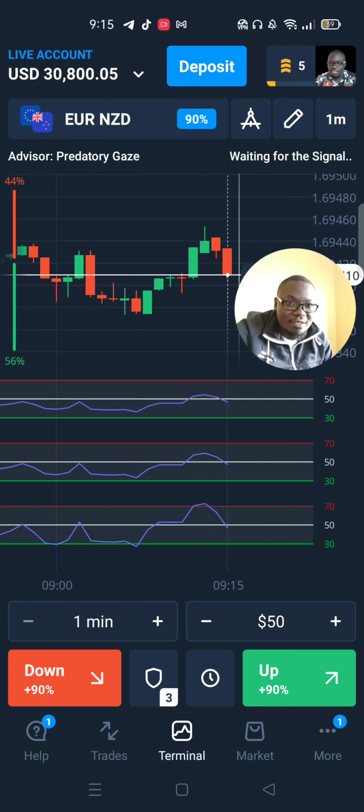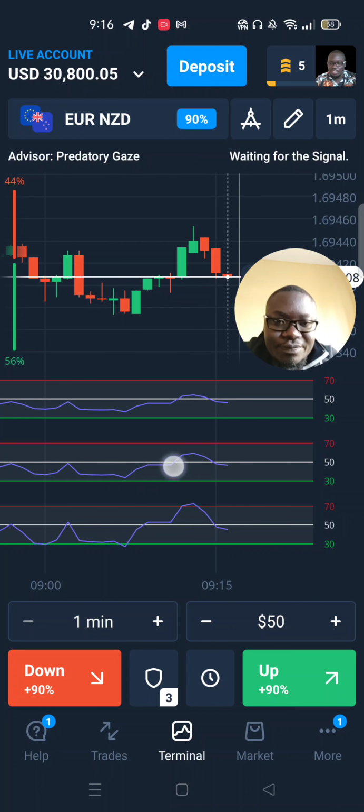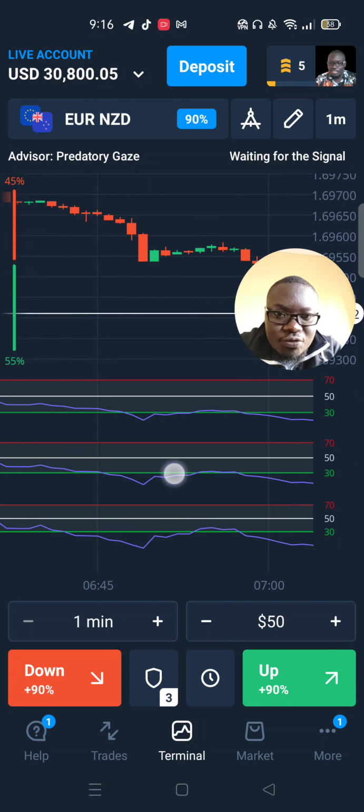For someone who wants to trade with this strategy and not follow anything else. So what you look at when you want to trade on an uptrend is, let me find a suitable place to explain.